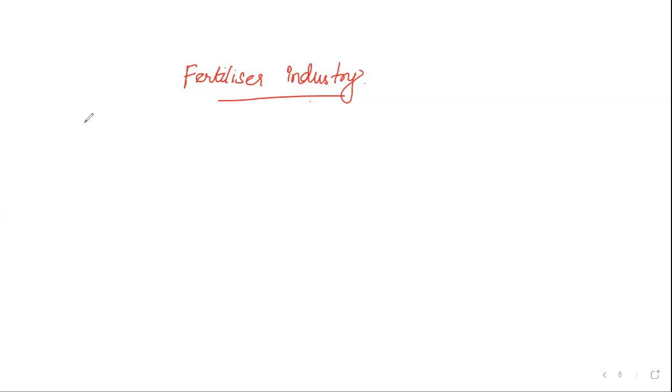The cotton that we manufacture is locally consumed, most of it. India is said to be the second largest consumer of urea, just after China.